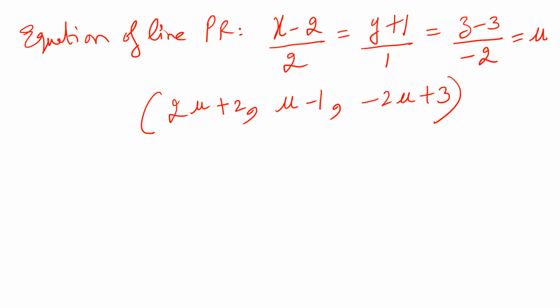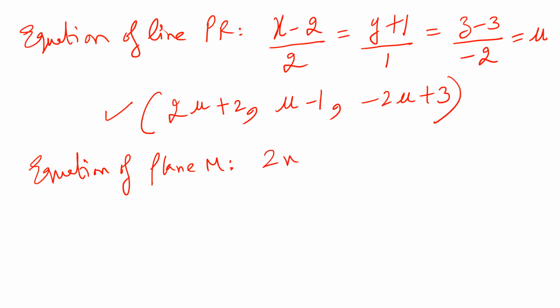Now students, to find the coordinates of the point R, I will put the general coordinates of any point lying on the line PR in the equation of the plane M. And equation of plane M is 2x plus y minus 2z equal to 6.